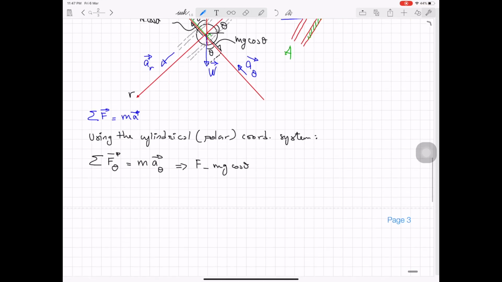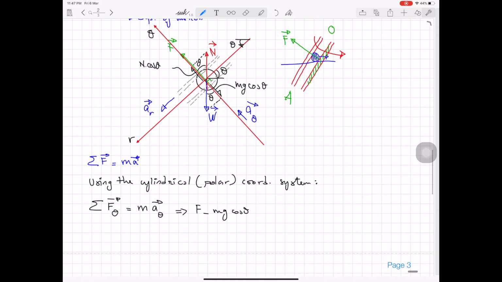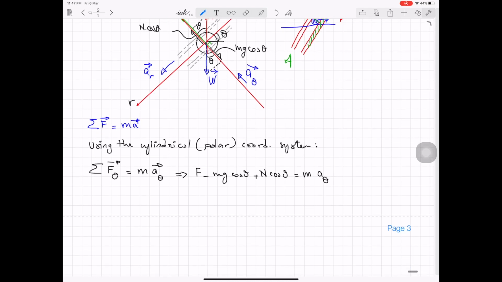But it is positive because it is in the positive direction of the transverse axis. So plus N cosine theta, and this should be equal to m times a theta. Now what I'm looking for is F.